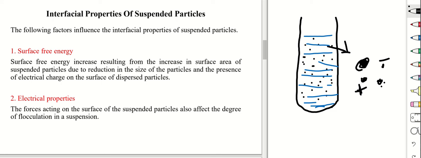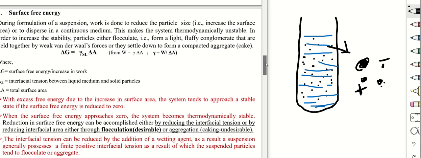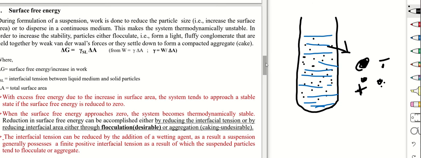Now let us consider, why does a solid particle have a surface free energy? Let us see in detail. As a suspension consists of finely divided particles, when we size reduce a particle, the particle size gets reduced, and at the same time the particle surface area gets increased.